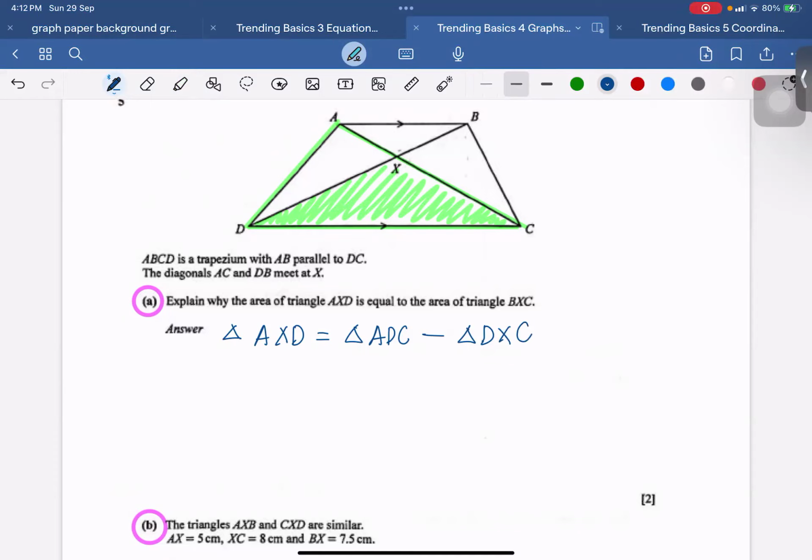If this triangle is made up of ADC minus DXC, how am I going to link it to the other side?